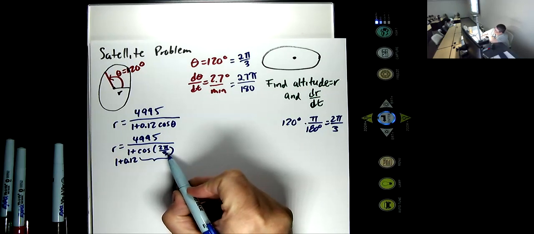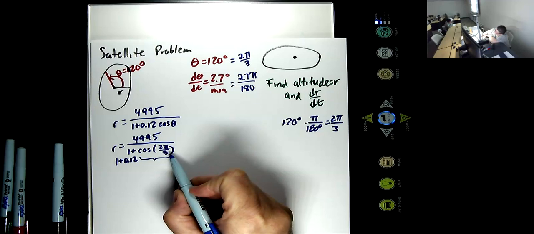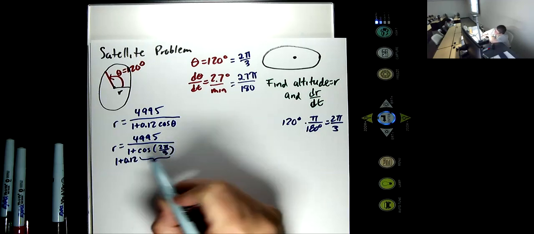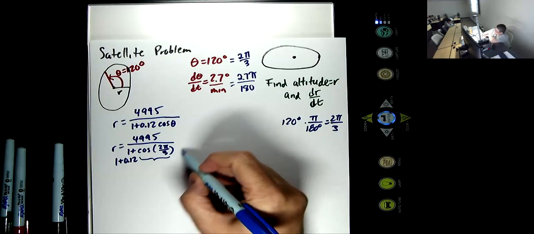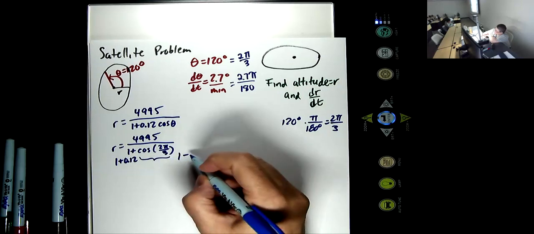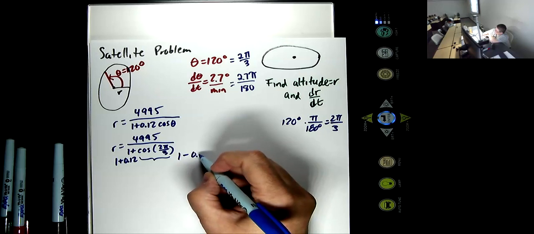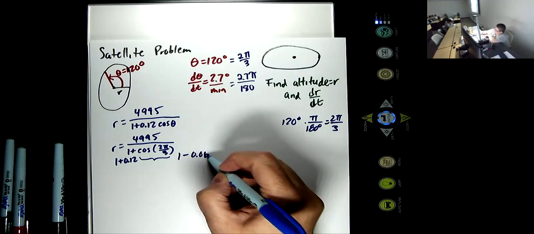So the reference angle is 60 degrees, cosine of 60 is 1/2. We're in the second quadrant, which would make it negative 1/2. So this is 1 minus 1/2 of 0.12, so 1 minus 0.06 on bottom.